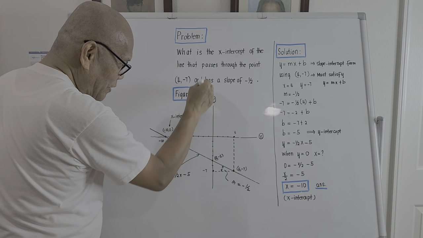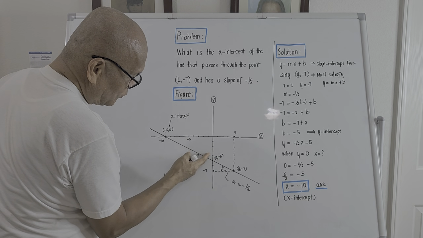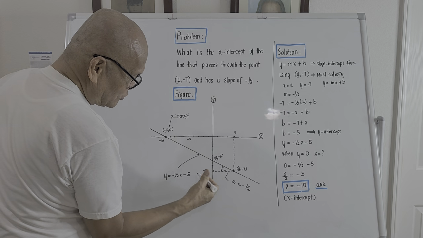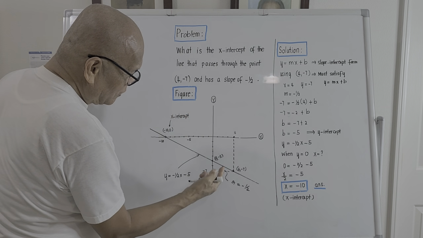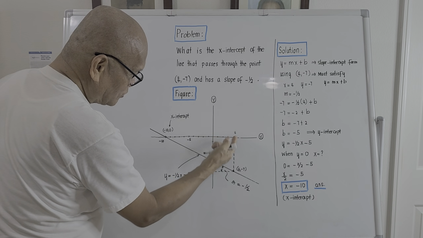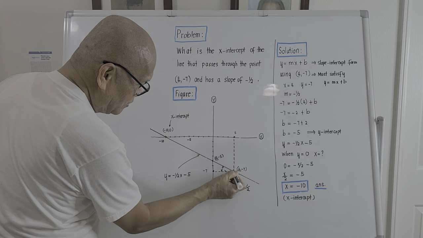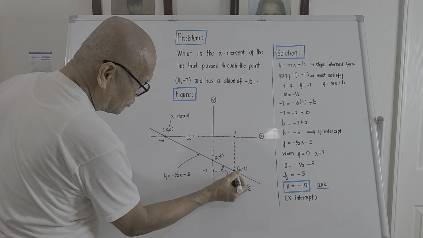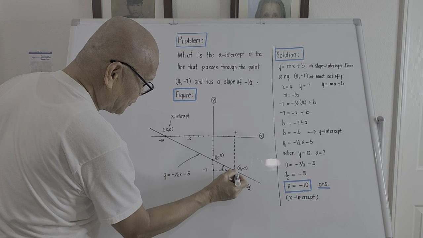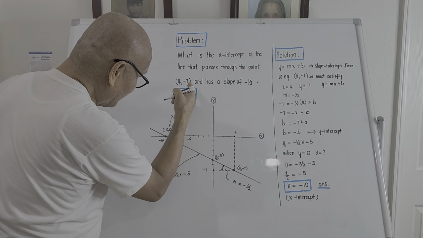So instead of going up, it should go down. So this is 1, 2, 3, 4, 5, 6, 7. So this length here is actually -7. The intersection of the abscissa 4 and the ordinate -7 is this point here. So the required line passes through this point, and the coordinate of this point is given as (4, -7).